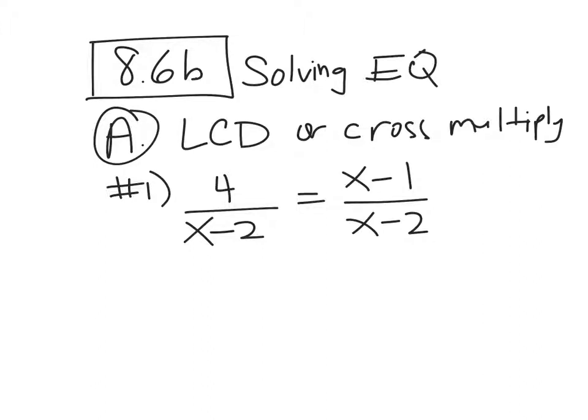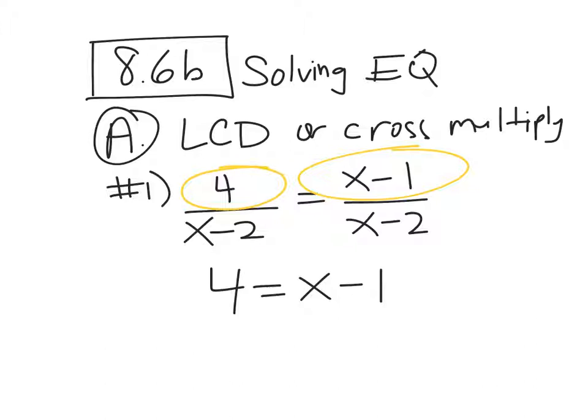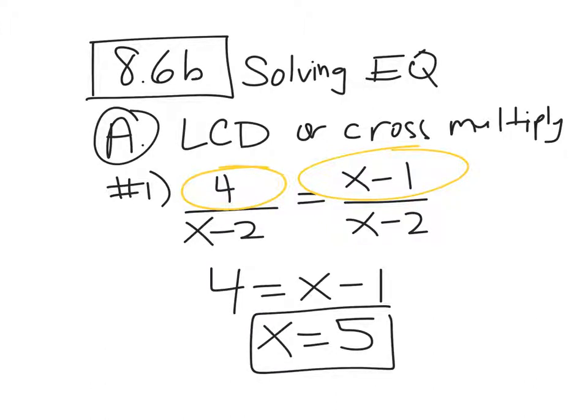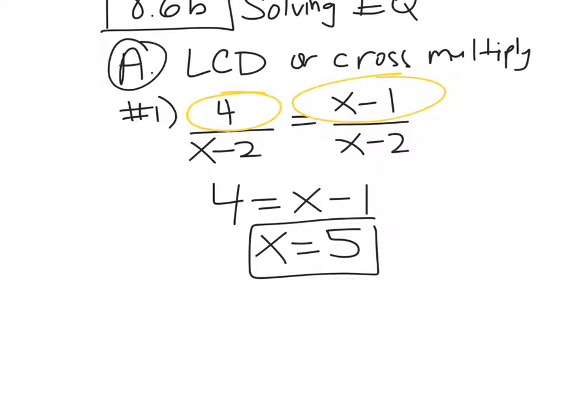So I would tell you to just stand back and look at this: 4 has to equal x minus 1, because the denominators are exactly the same. So let's just set that up. 4 is going to equal x minus 1. And then add 1, so x would be 5. If you cross multiplied, you'd still get 5, but you'd also get a number that doesn't work. We can do that if you want to, but I thought shortcuts are kind of nice too.